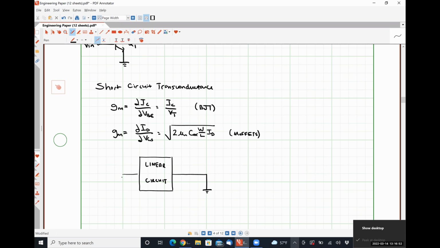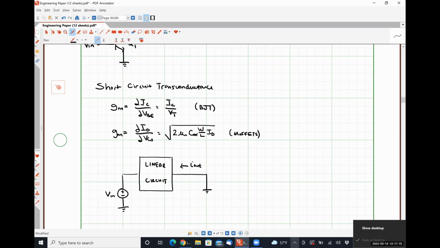I am applying a voltage Vin at the input terminal, and I am measuring a current Iout that's flowing into the output node, okay?